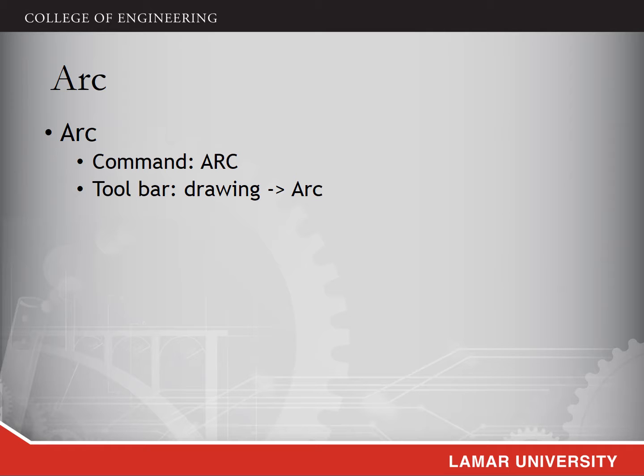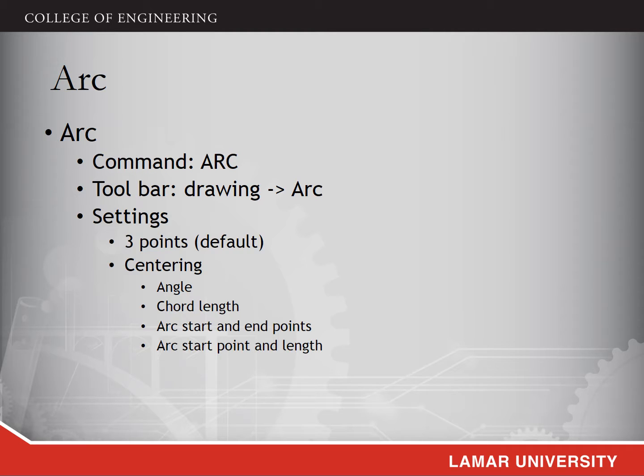Also, there are many different methods for you to generate an arc precisely. The default method is 3 points, which means you can identify any 3 points on the screen to define the arc. There are also some other methods, such as the angle, chord length, arc start and end points, arc start point plus length to define the arc precisely.